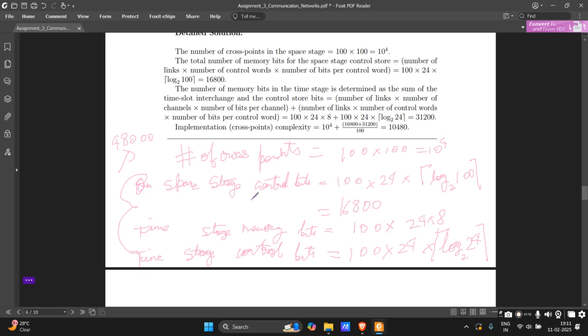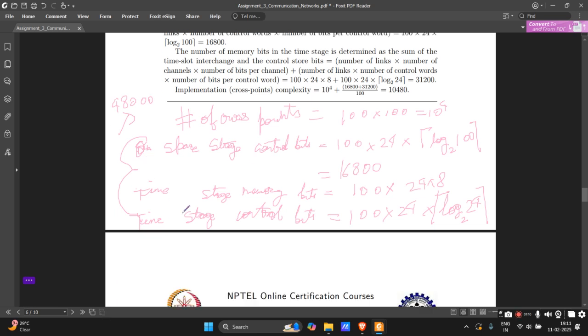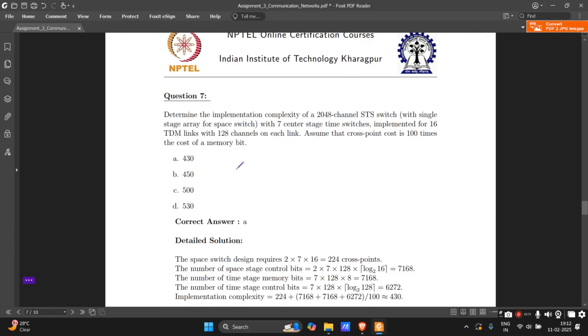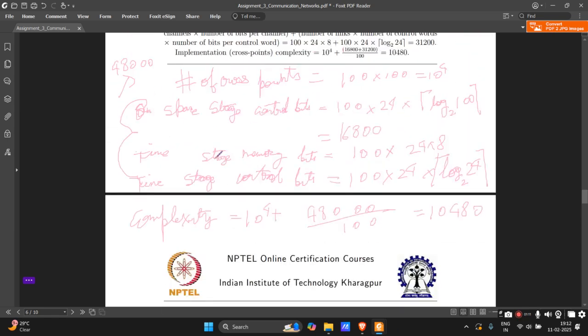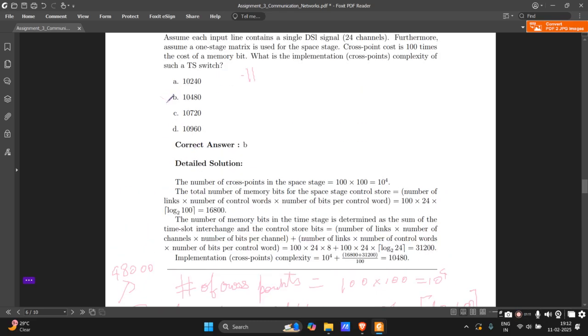So the complexity will be 10 to the power 4 plus 48000 by 100. So 10,480 will be the complexity. So here the answer is 10,480.